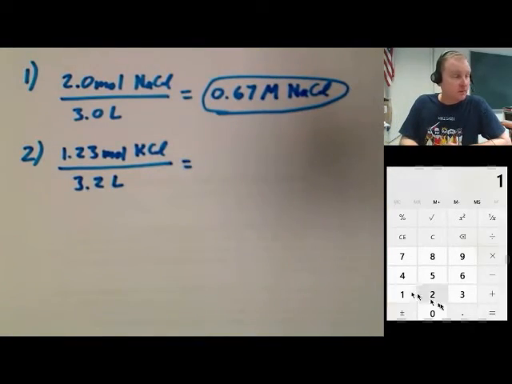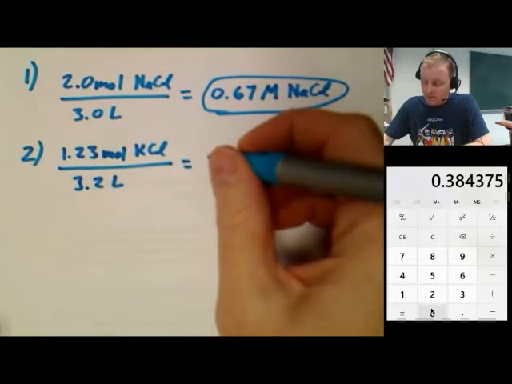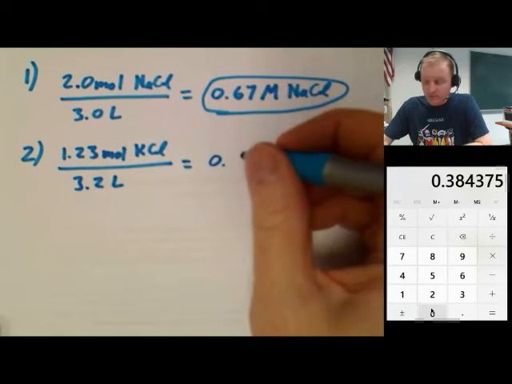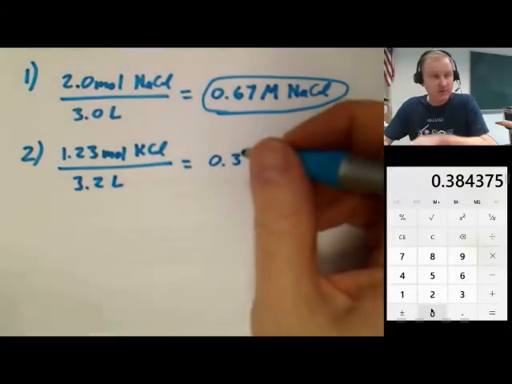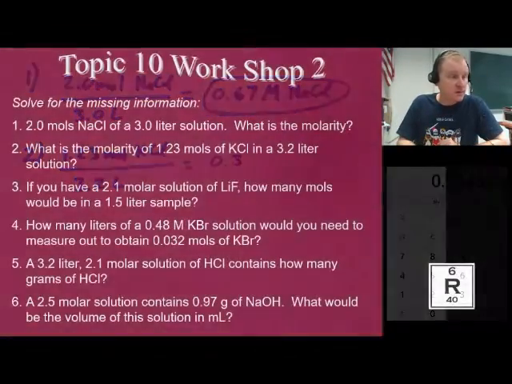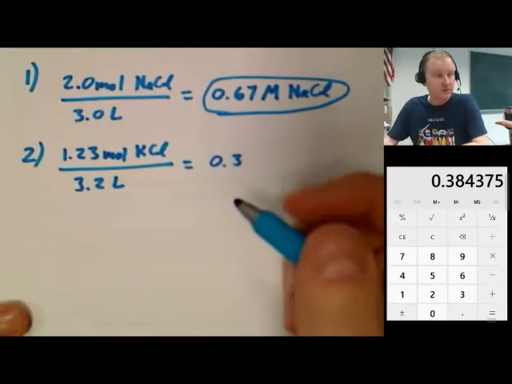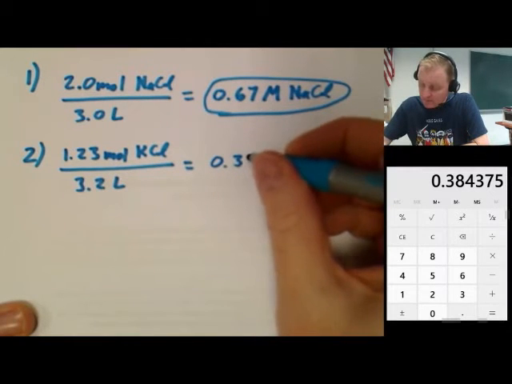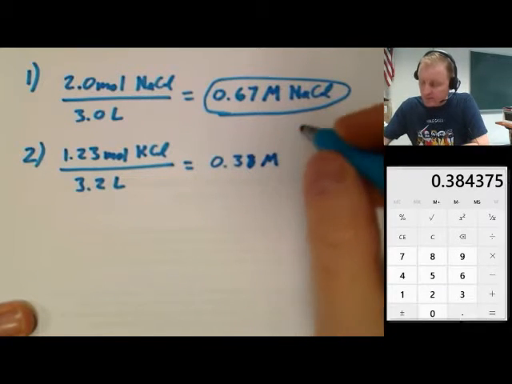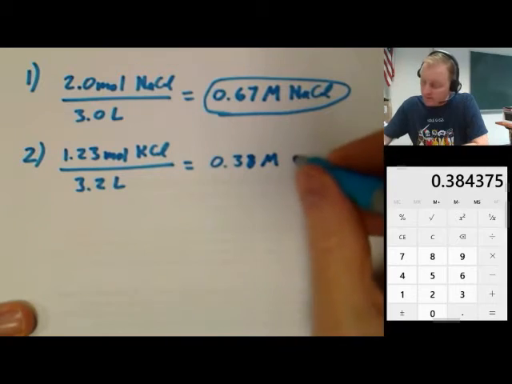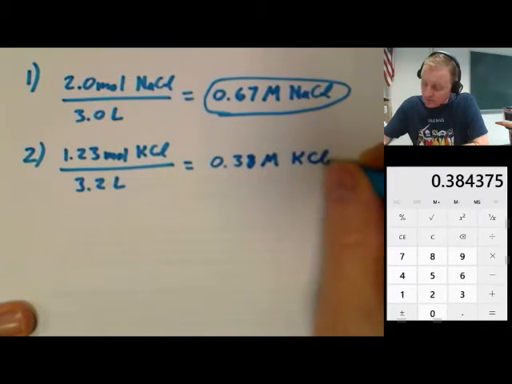So that's 1.23 divided by 3.2 equals 0.3, and there's two significant figures in this question. One of the numbers has three significant figures, but the other one only has two. So we have to answer it with two. So it would be 3.8 molar solution of potassium chloride.